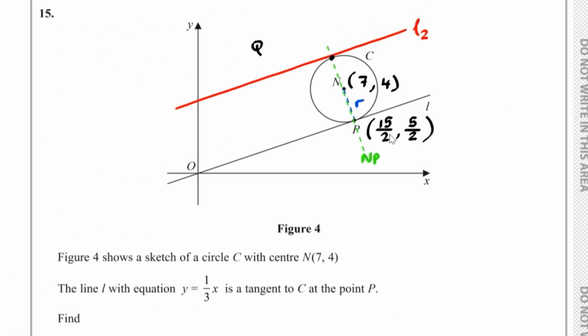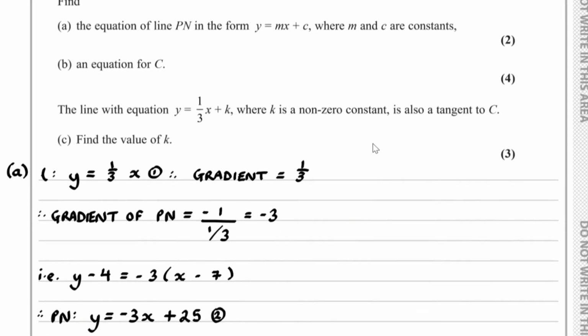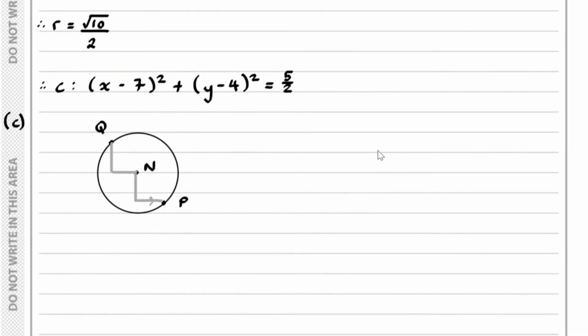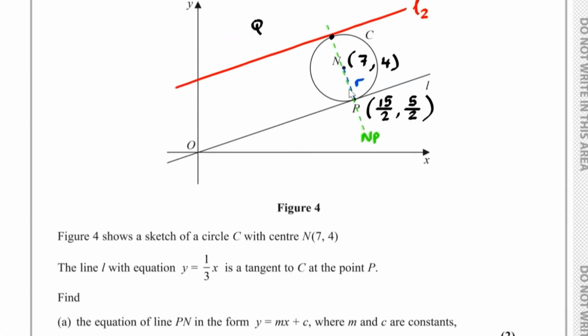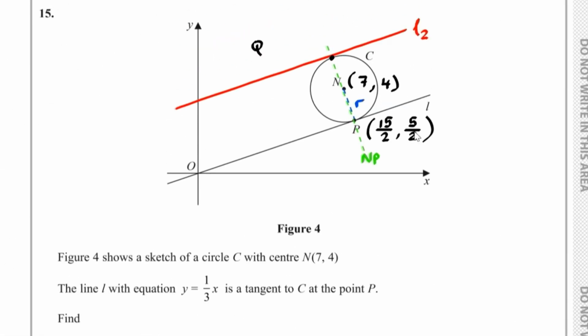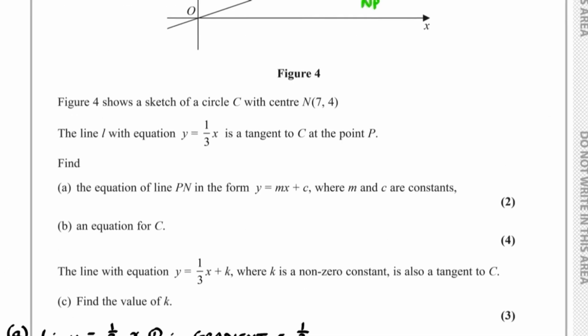Well, in the x direction, to go from 7 to 15/2, we add on a half. So we add on 0.5 in the x direction. And to go from 4 to 5/2, we subtract 3/2.